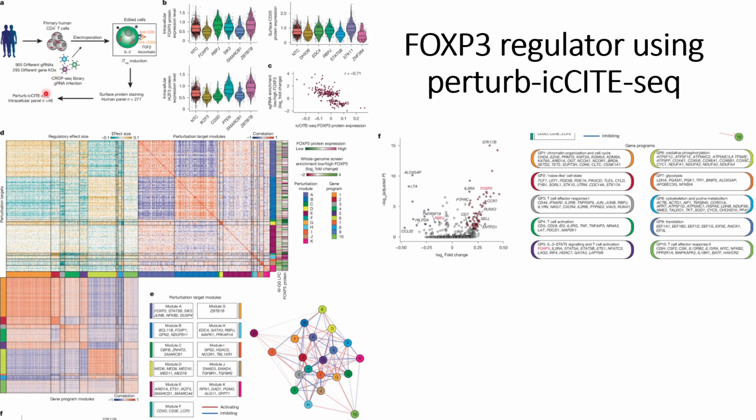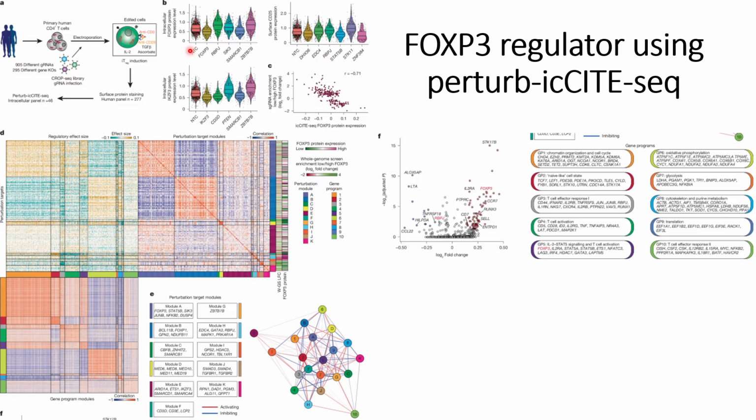Thereafter they did electroporation of the CRISPR library gRNA infections, and the edited T cells were activated. That is, T cell iT-reg induction occurs, and then they checked the surface protein staining of around 277 cell surface proteins, and then the perturb-icCITE-seq intracellular results.